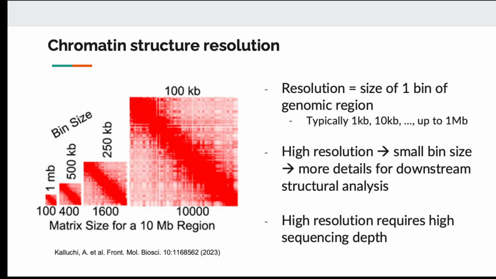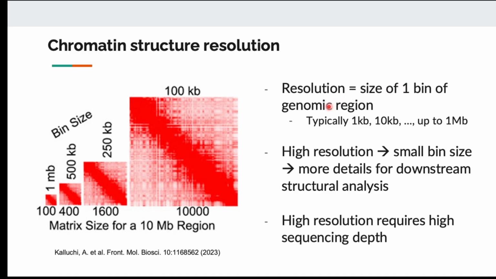So when we analyze the chromatin conformation capture data, the first decision that we need to make is how high of a resolution can be analyzed. In this sense, resolution is the size of one bin of genomic region.